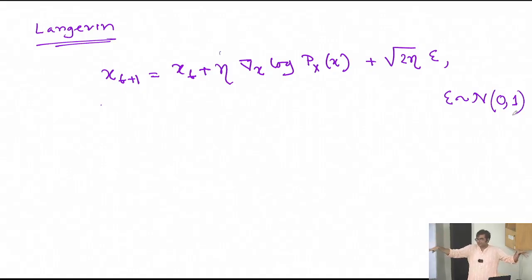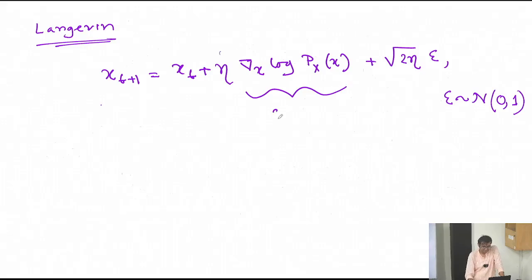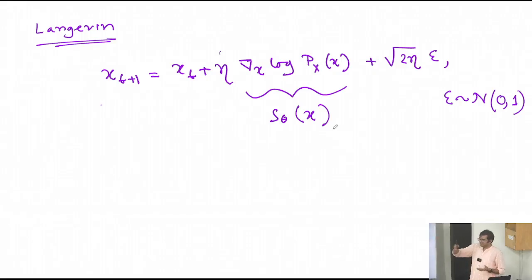But is that not the score? So basically, once you know the score, you will just substitute the score here. Using your score network, you can now sample, right? And you will obviously have to sample in multiple steps. You will start from some initial condition, and the chain will go. You will throw away the burn-in, whatever it is, right? And then you will get some sample, and that's all.